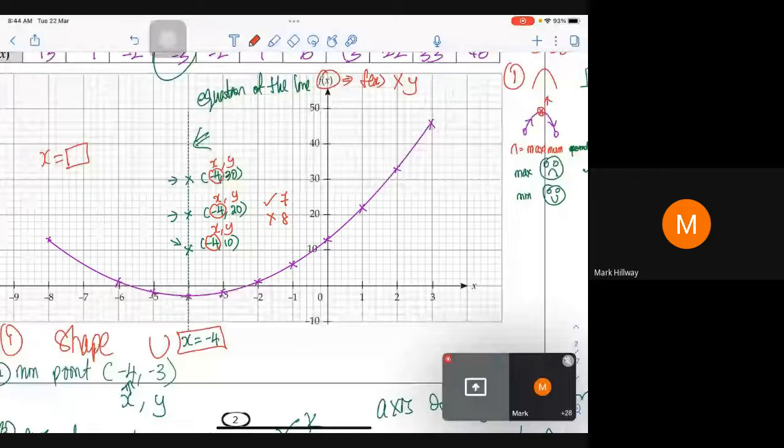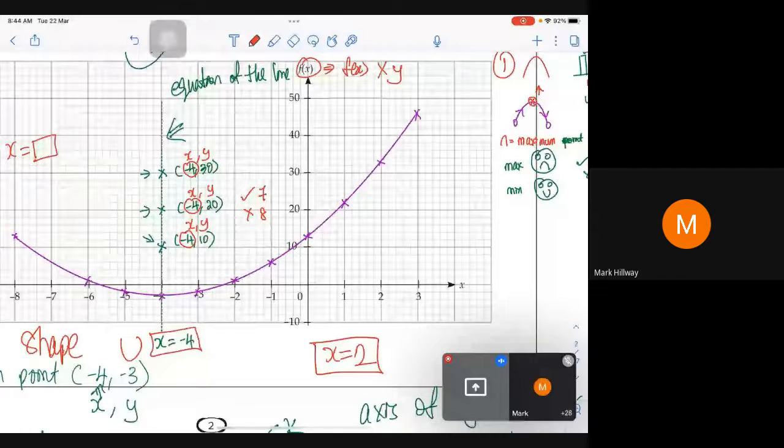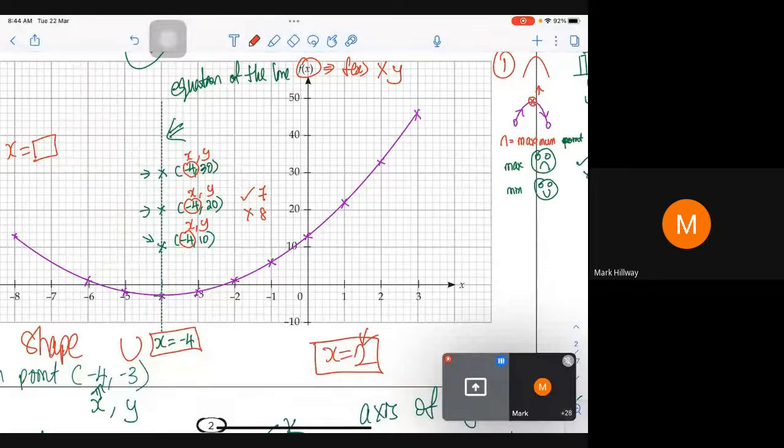Okay. Let's say another one. Let's say if I ask you to draw a line with x equal to 2. So if you see x equal to something, and the something is 2, right? So automatically, this is the value for x, so you just need to draw the line like this.